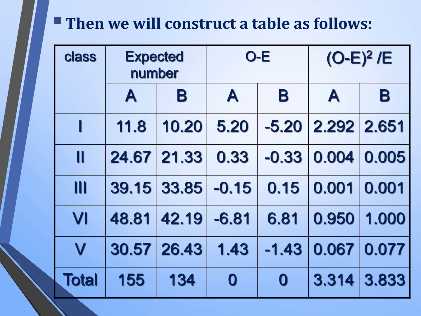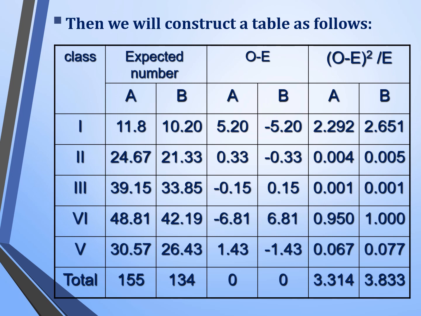To calculate the chi-square value, we will construct a table as follows. This table includes all the estimated values for all the 10 cells at all levels of the two categorical variables, which are the expected number, the observed minus expected, and then observed minus expected squared over the expected.